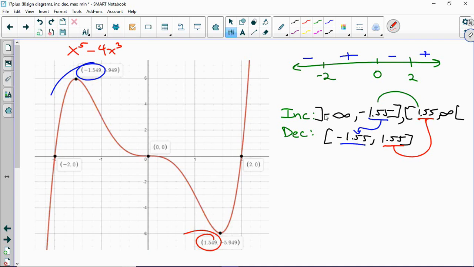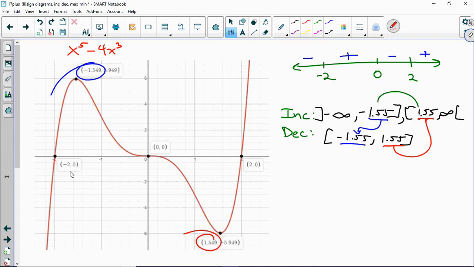So increasing and decreasing and finding maxima and minima are intimately related. Sign diagram is separate from that, but they all fall under the general topic of describing the behavior of a function.